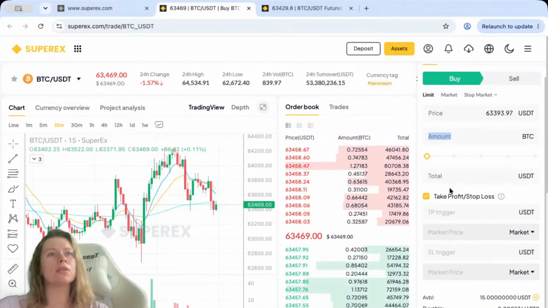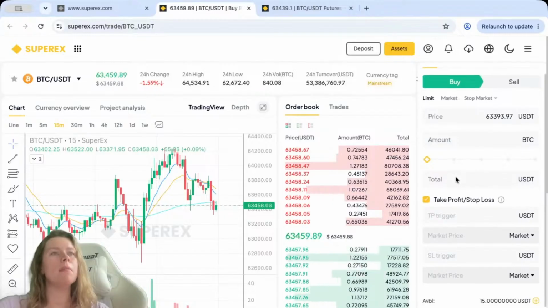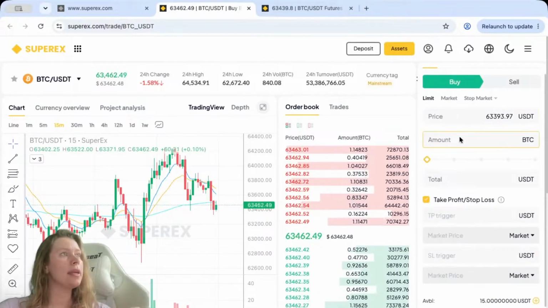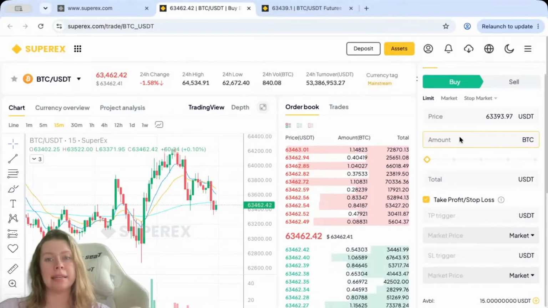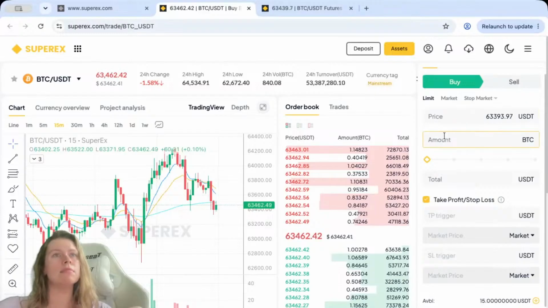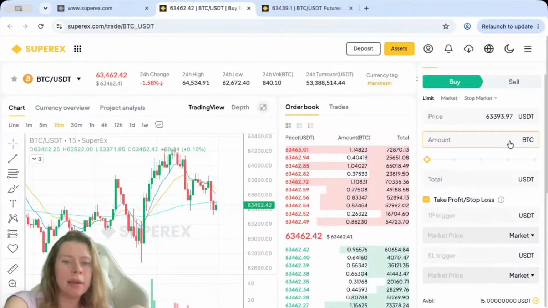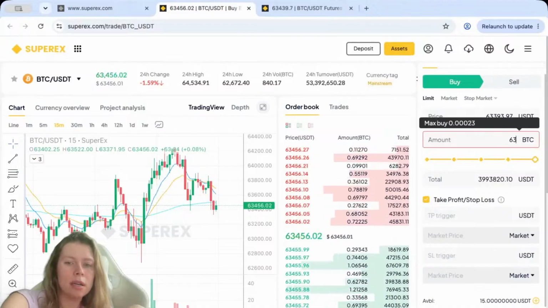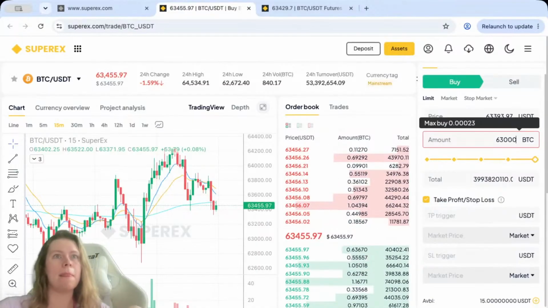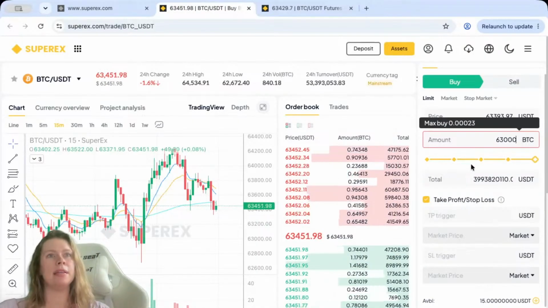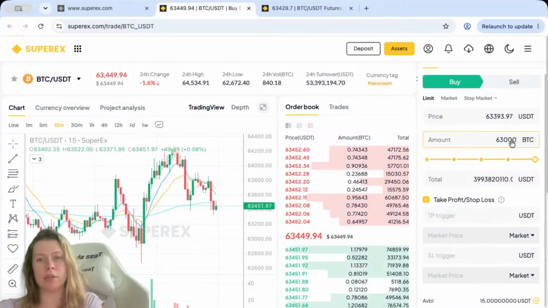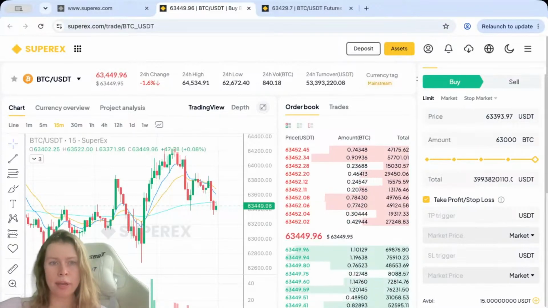Okay, it's not actually letting me type in right now, but that's all good. All right, guys, so right up here, I would be typing in 63,000. Sorry, my computer's having a little bit of a malfunction. Oh, is it letting me type in now? Oh, yes, brilliant. Okay, so what I would be typing in there is 63,000, just because I think it is going to drop a little bit.